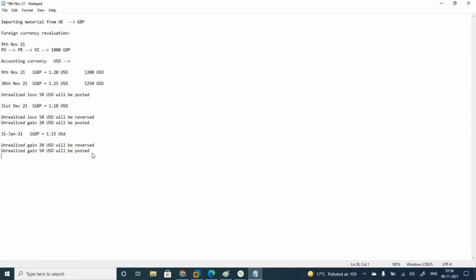Now on 5th Feb 2022, 1 GBP equal to, suppose, 1.14. Then this will be reversed.